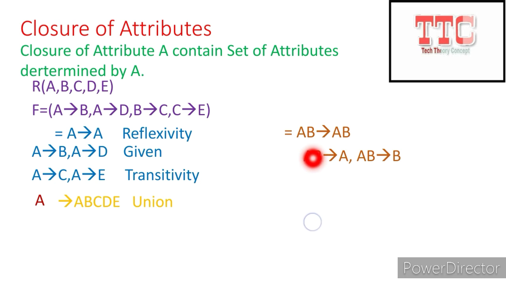And if we use the transitivity rule on AB determine A and A determine B, we will have AB determine B, which is already present.